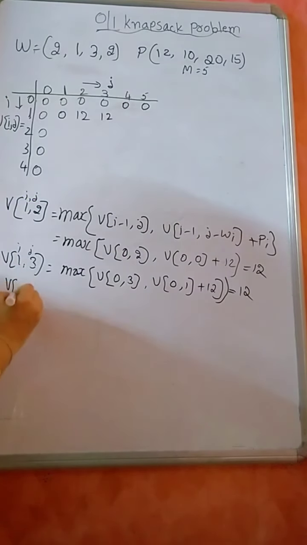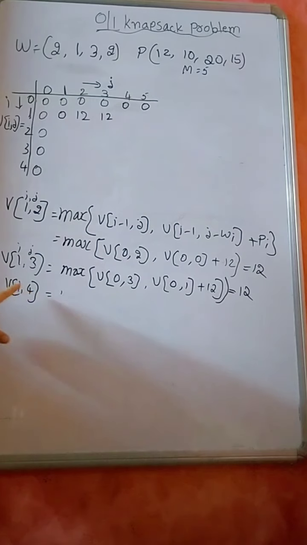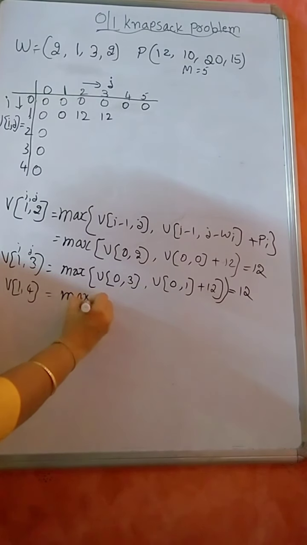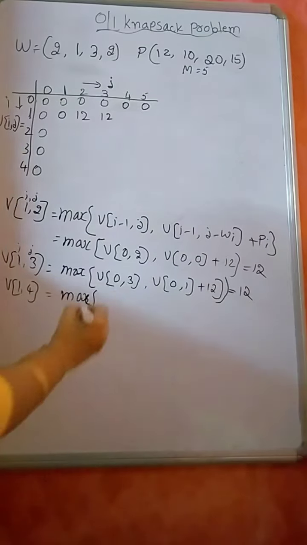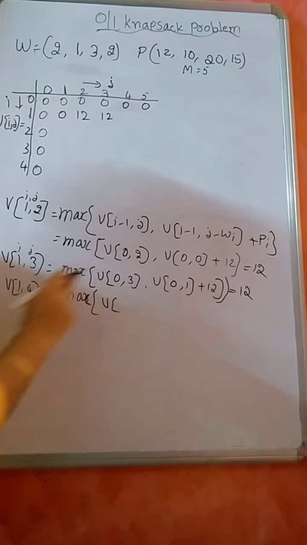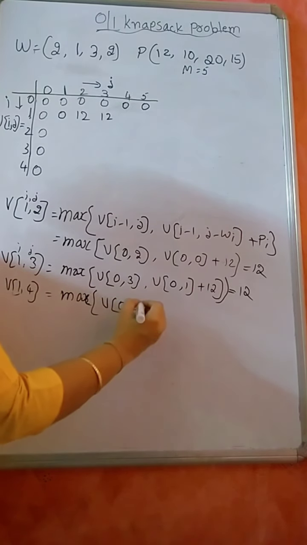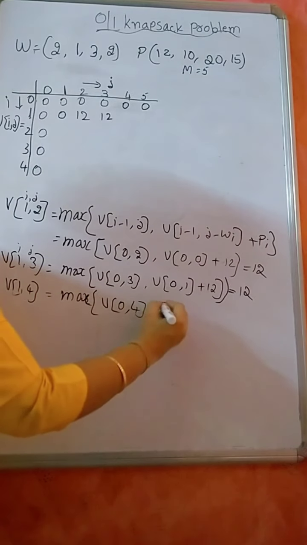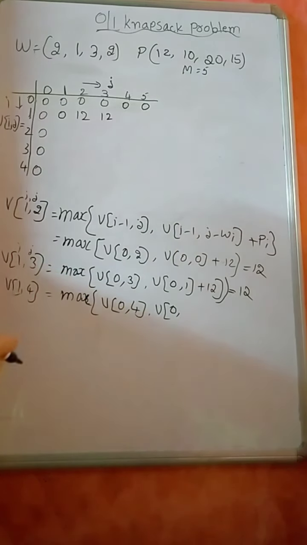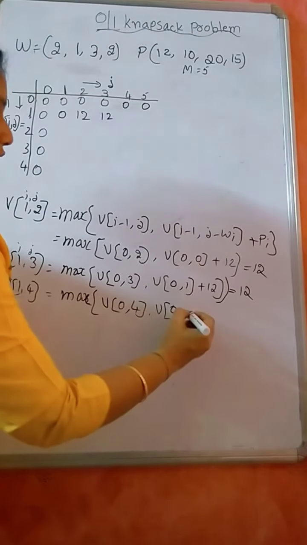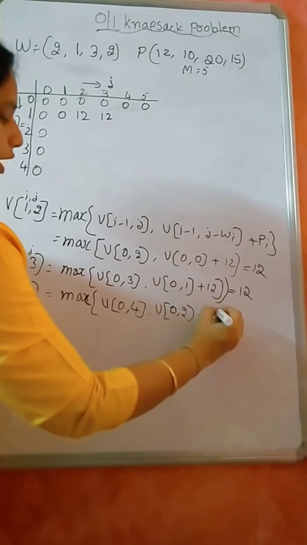Now V of 1, 4. What is the remaining capacity? 4. What is the weight of the first object? 2. Can I insert? Yes. Which case? Third case. So it is max of, I am just substituting in that formula. V of i minus 1, i is 1, 1 minus 1 is 0, j is 4, remaining capacity j. So it is V of 0 comma j minus Wi, j is 4, weight of the first object is 2, so 4 minus 2 is 2, profit of adding this is 12.